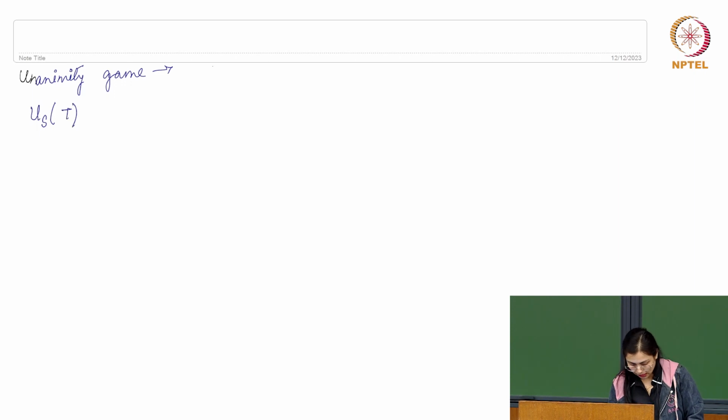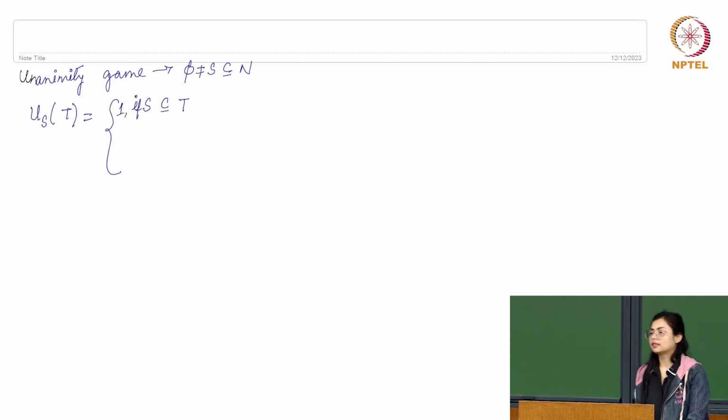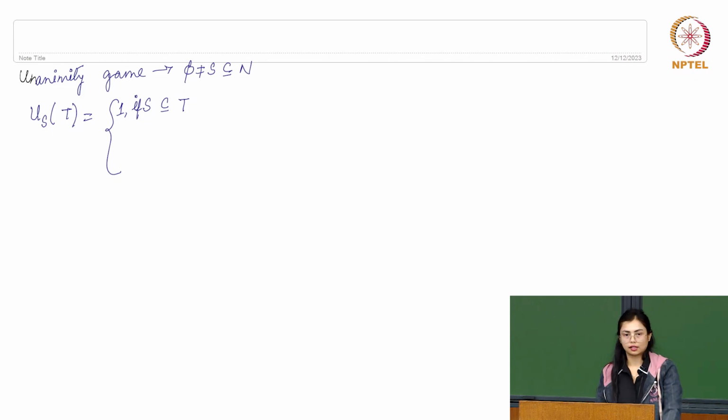So for any S, a non-empty coalition, it is 1 if S is contained in T and 0 otherwise.